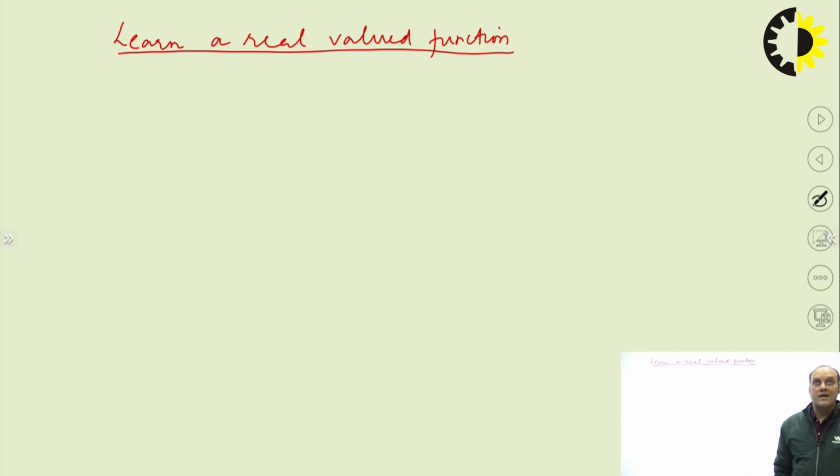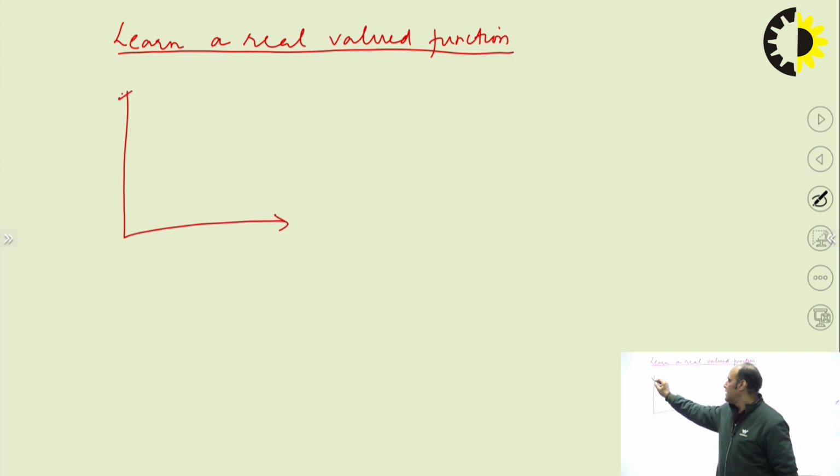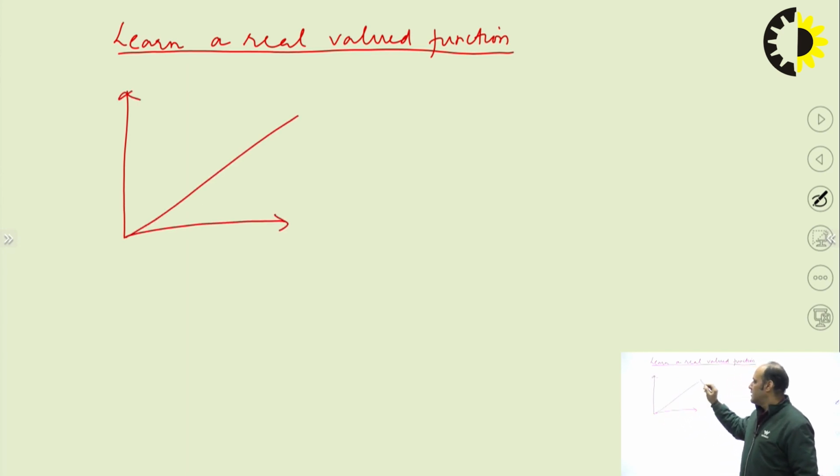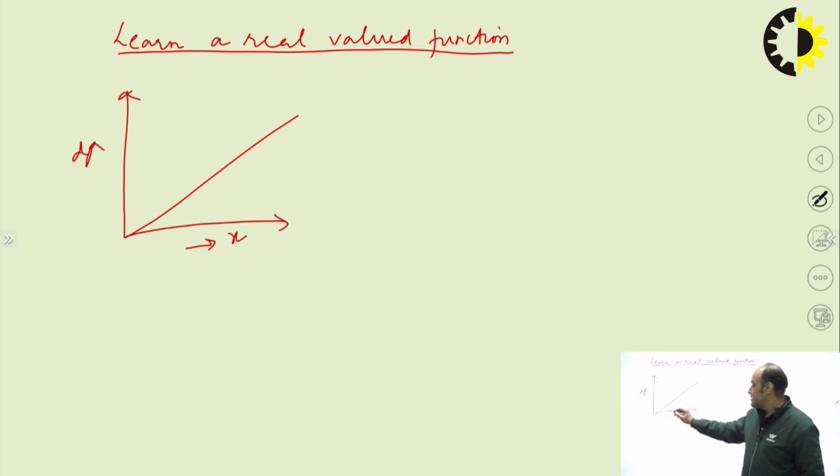And suppose the data is generated in the following fashion. For example, data is generated like this. Here I am assuming this is my x, this is my d, and this is my output function f(x), and the data is lying here like this, for example.